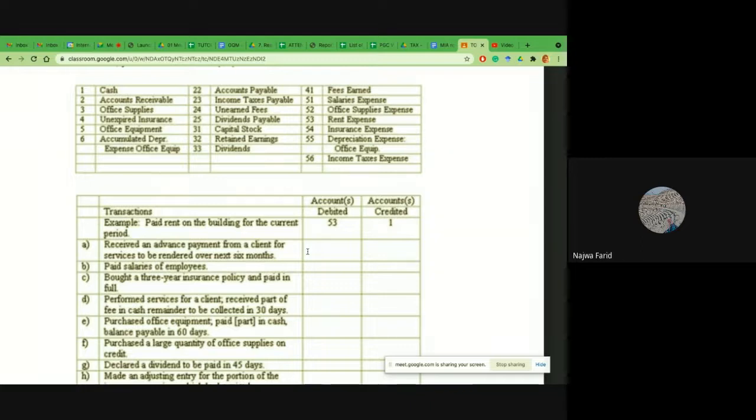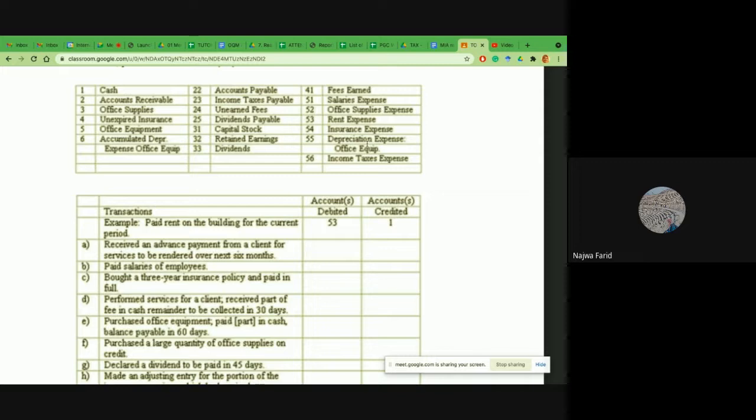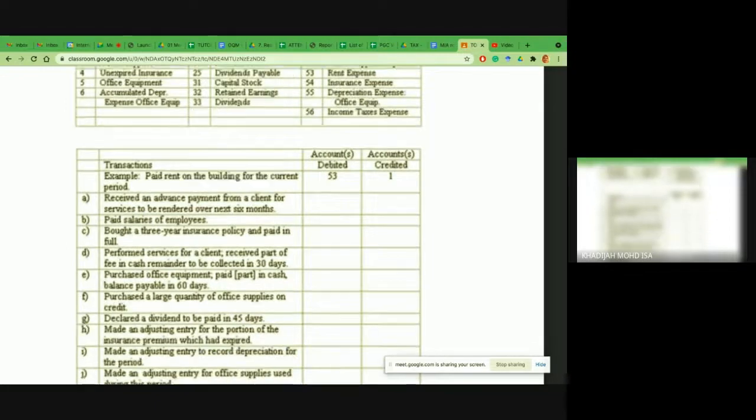Unearned fees. Account number? 24. Unearned fees. This one, yeah? You're going to debit your cash, credit your unearned fees because why? You receive cash but for services that have to be performed in the future. To be rendered over next 6 months.